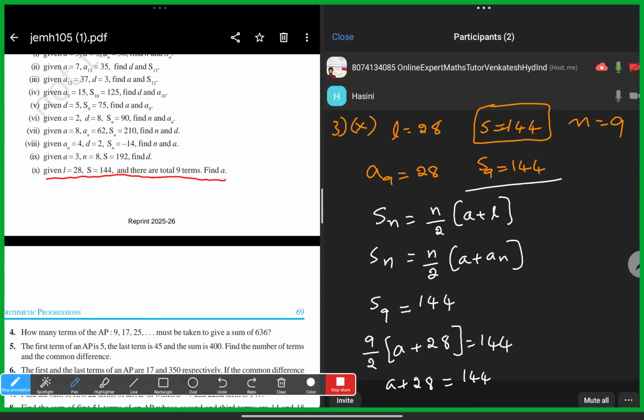Or another way is, I can do one thing. Simply take 9 by 2 to the right side. It will become 144 into 2 by 9, because 144 divided by 9 by 2 becomes the reciprocal, 2 by 9.